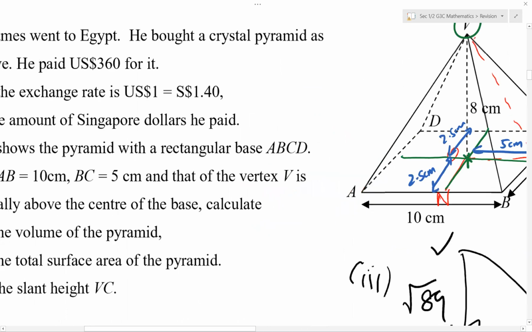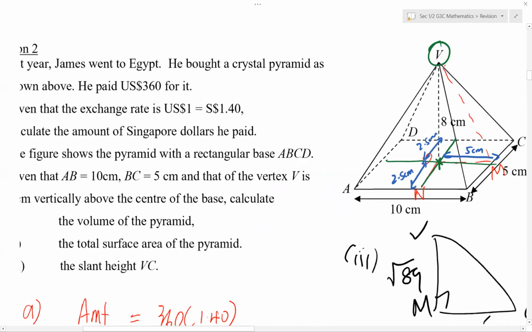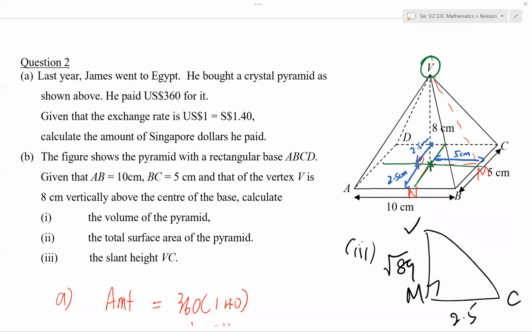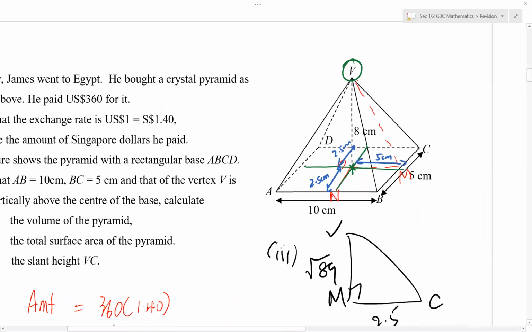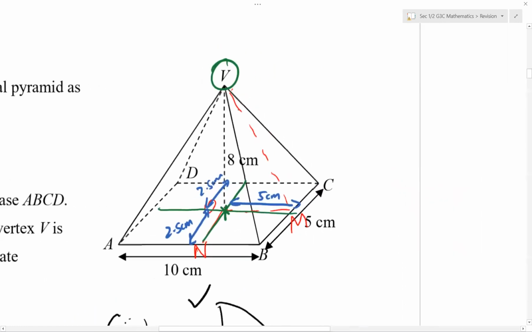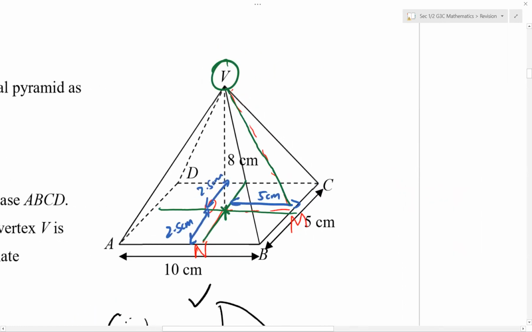Oh, not yet. Okay, I went a bit too fast. The first part was just to find the volume, so we didn't need to know all the information yet. But anyway, I was trying to get to this portion. This line, the midpoint of BC, we call it M. Midpoint, M for midpoint.